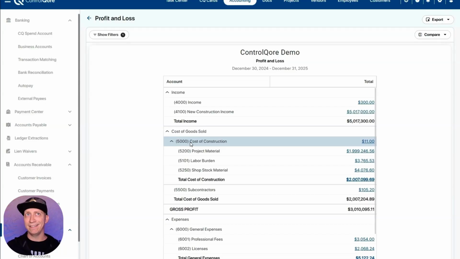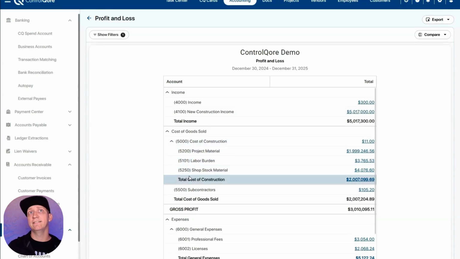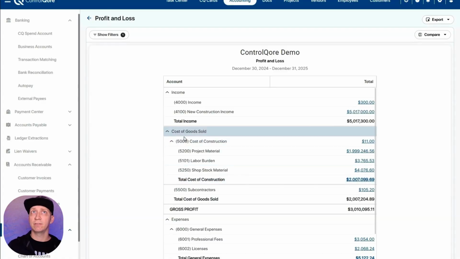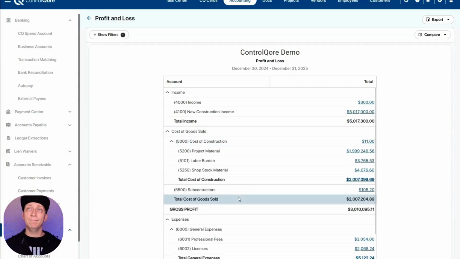It's not underneath the 5,000 code. It's considered its own. If we wanted to be more technically correct, we could go down to chart of accounts, switch it so it has a parent code, and then everything should fall under this cost of construction. But that's just the way I like to see it.